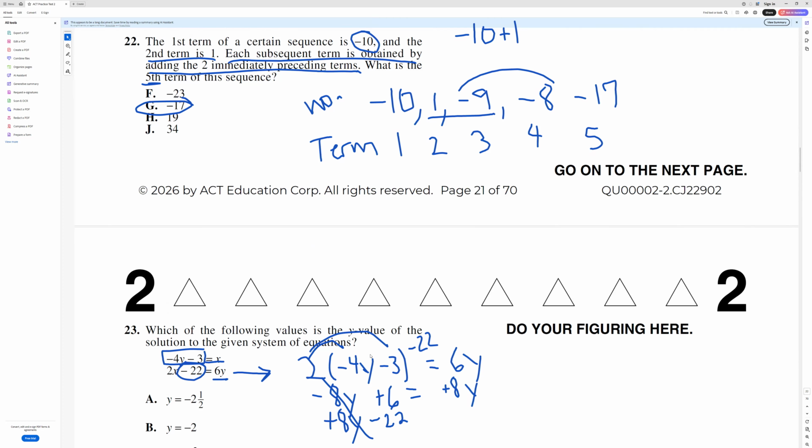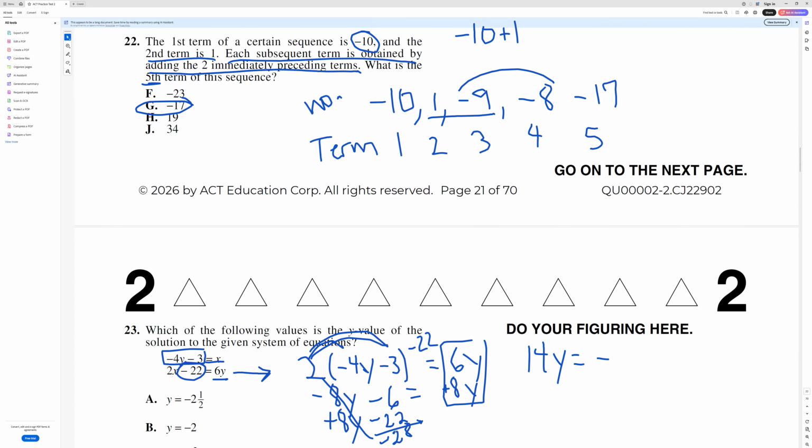Just because I'm doing it without space. So -6 and -22 is going to be -28. Sorry about the space. So clearing this up, 8 and 6 is 14. 14y is equal to -28.